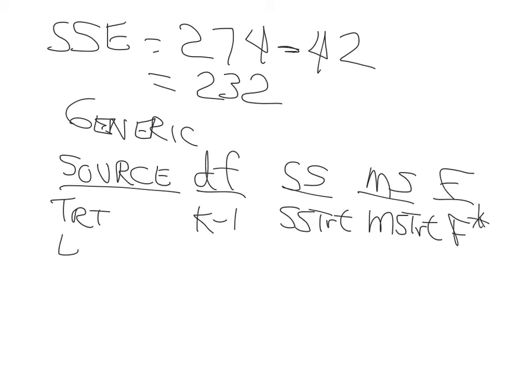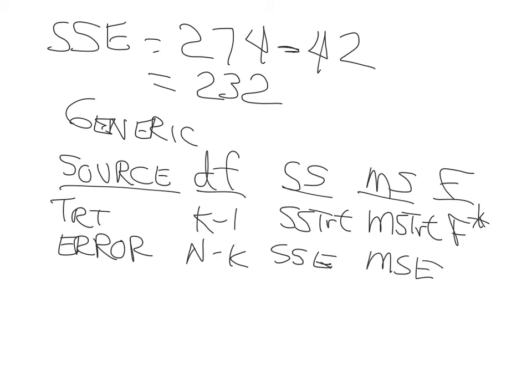Okay? Then you have error, then you have N minus K, you have SSE, then you have mean square error, and then you have total, and then you have N minus 1, and then you have SST.